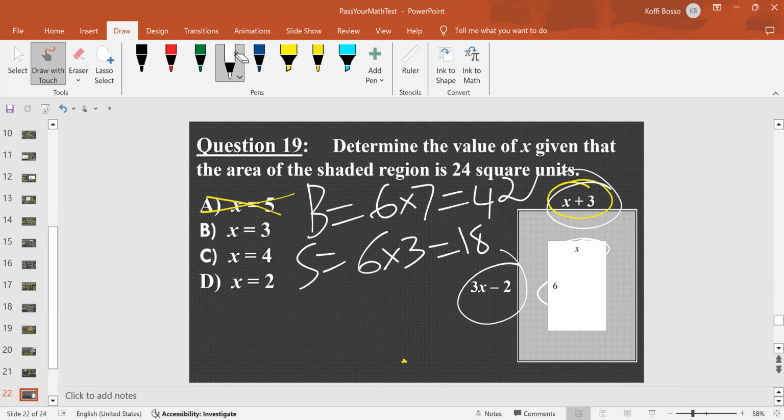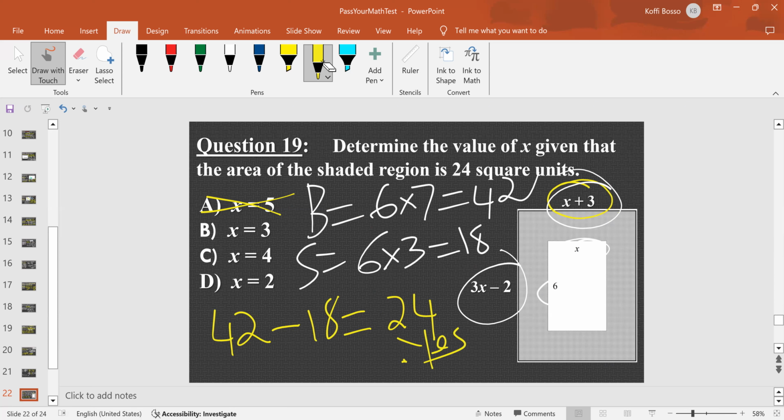Okay, now let's check. If you take the big rectangle, which is 42, minus the small rectangle, which is 18, do we get 24? Yes. 42 minus 18 is 24. Therefore, the correct choice here is B, which is 3.